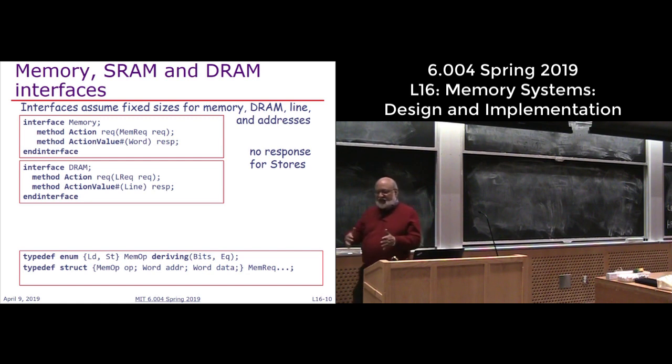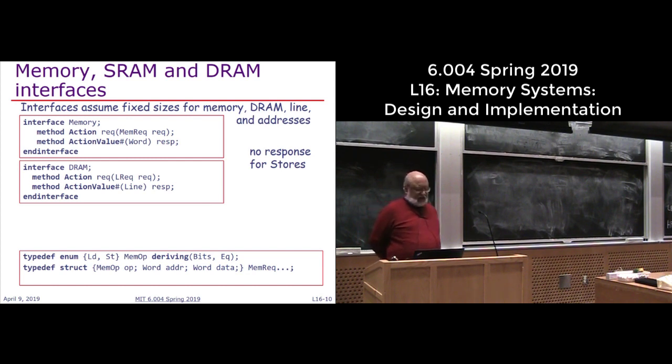But what's happening in the back end is always in terms of lines. So I never have to think about DRAM being organized in terms of words. I will think of it as organized in terms of lines. Therefore I'm calling it a line request, a line address, and so on. That's the only difference between these two interfaces for memory and for DRAM. Everybody understands this?